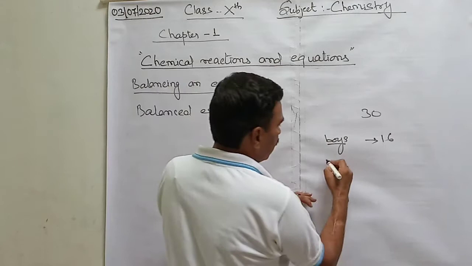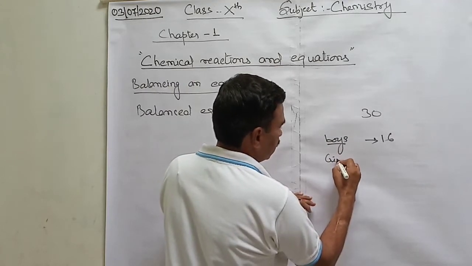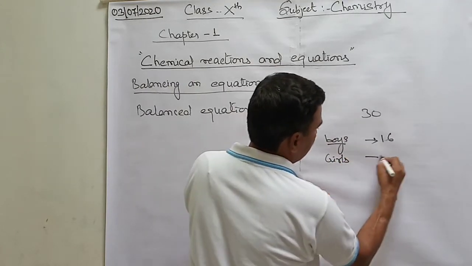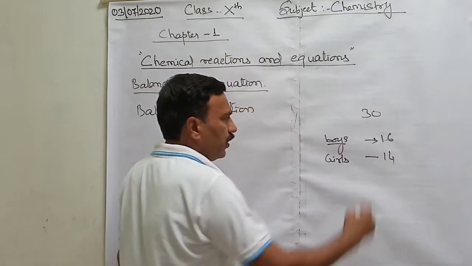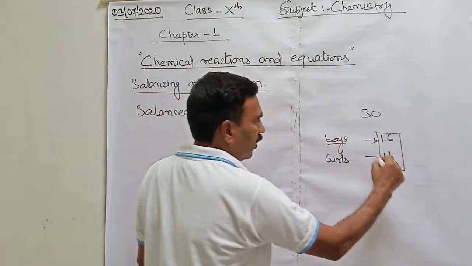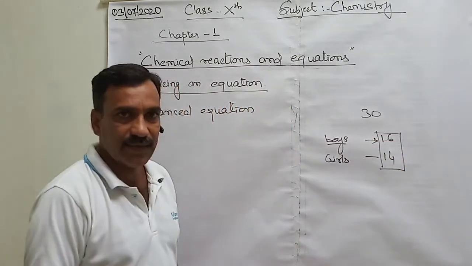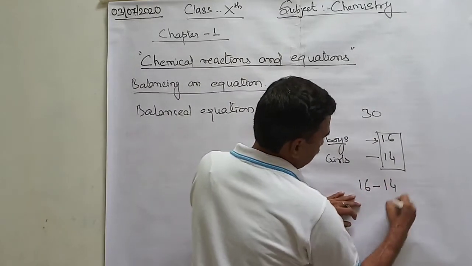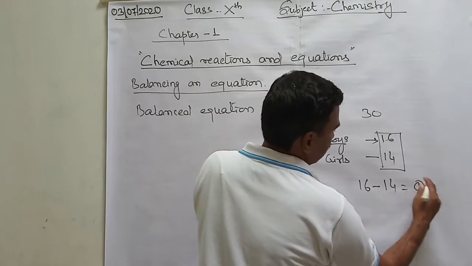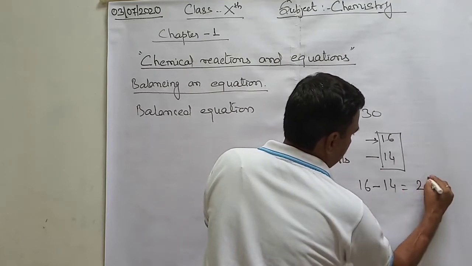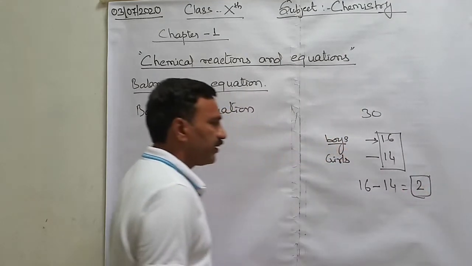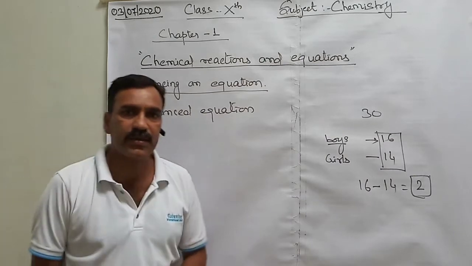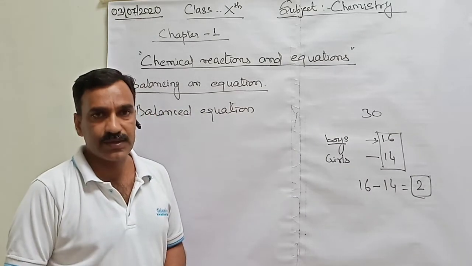Then what will be the number of girls? Since the number of boys and girls is not the same, there is a difference between them. Hence, you can say the strength of boys and girls in your class is not balanced.